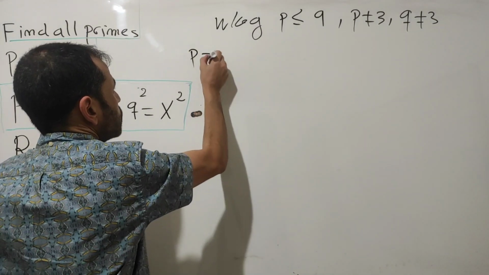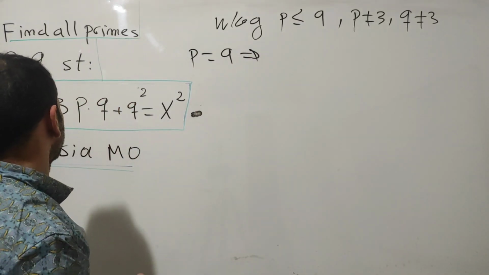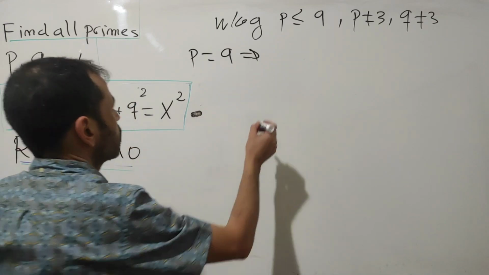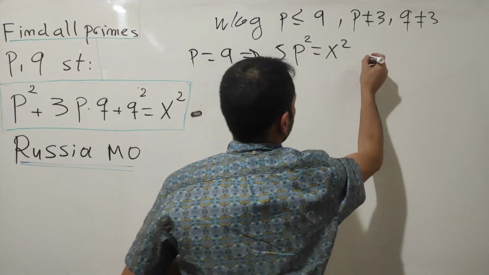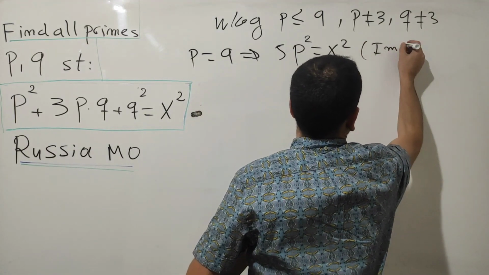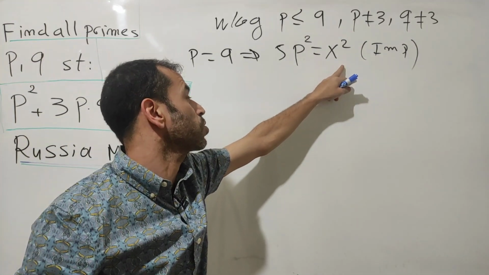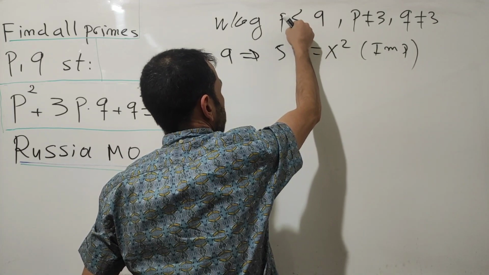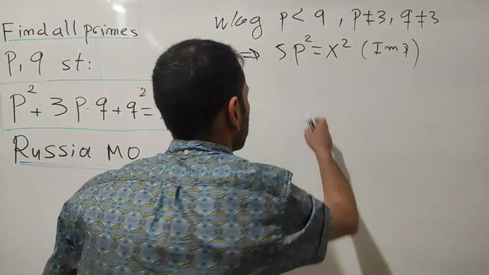If p equals q, we get p squared plus 3p squared plus p squared, which is 5p squared, which equals a perfect square. This is impossible, because the left hand side is not a perfect square but the right hand side is. We are going to cancel the equality sign and leave the strict inequality, because this doesn't work.